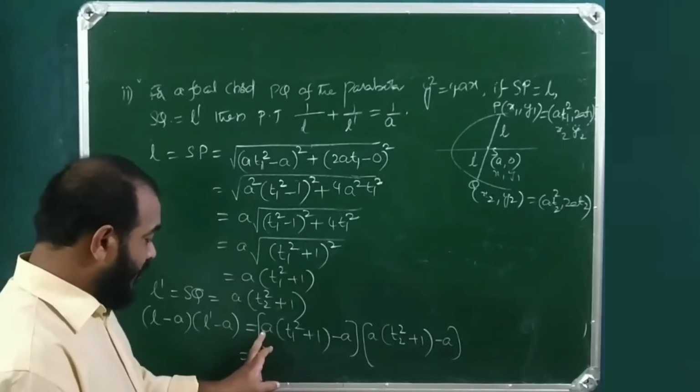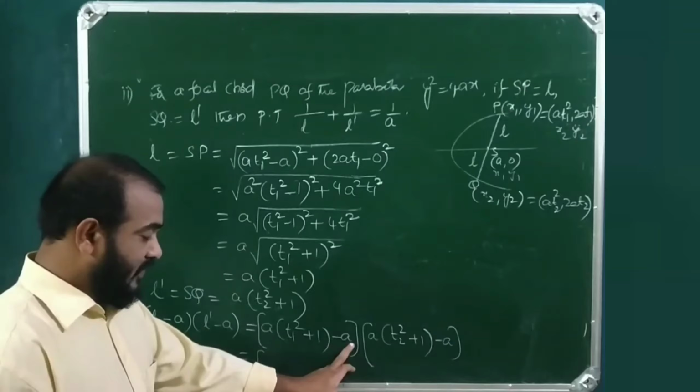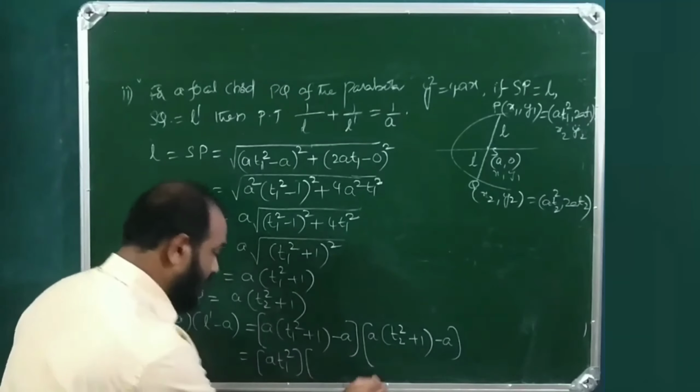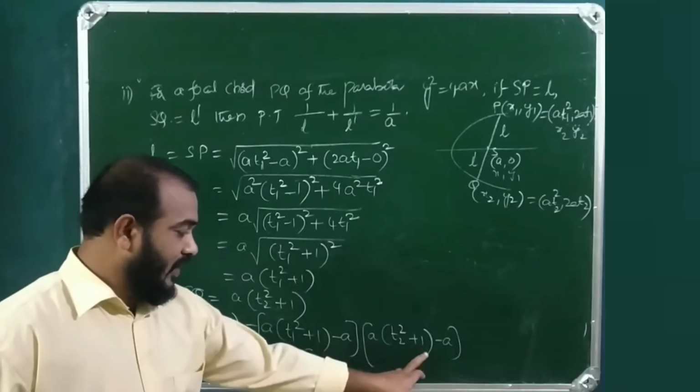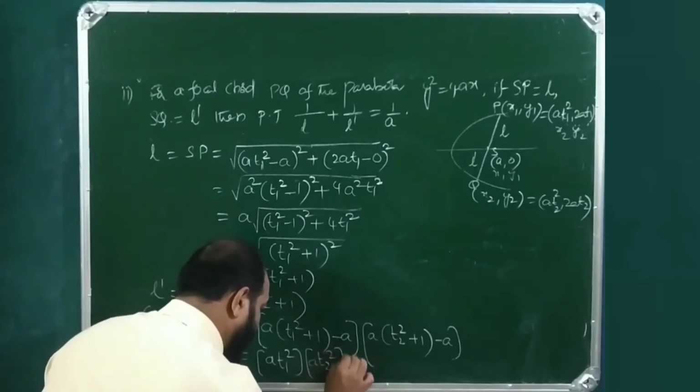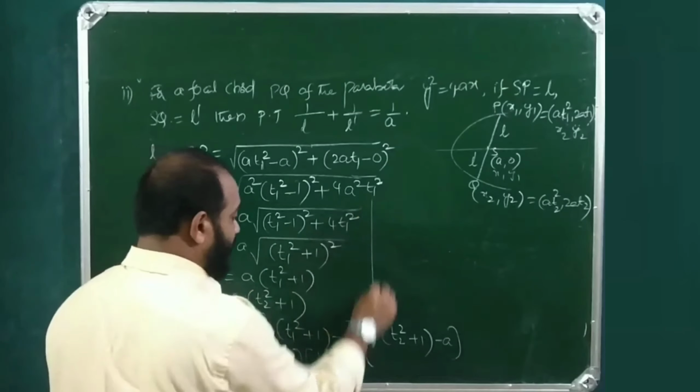So a t1 square into a t2 square, plus a minus a cancel, I am left with a t2 square.